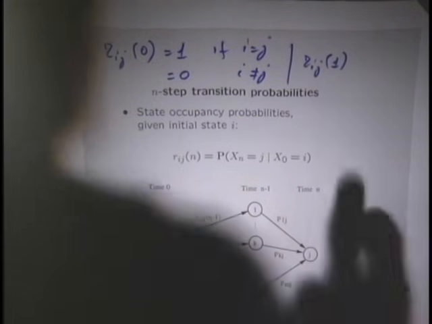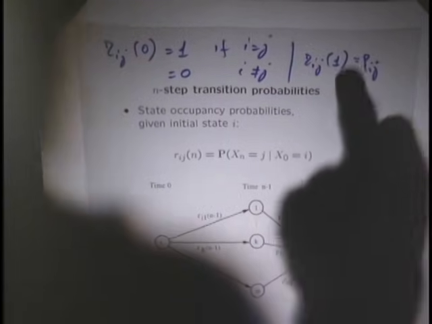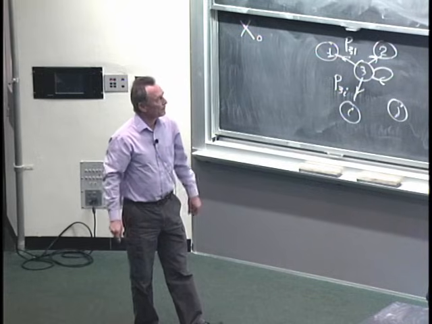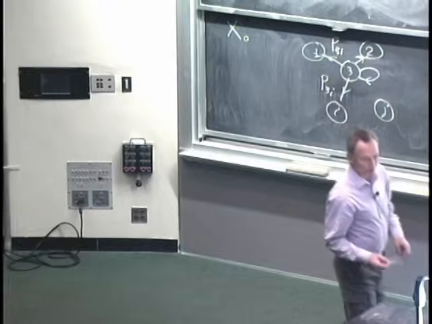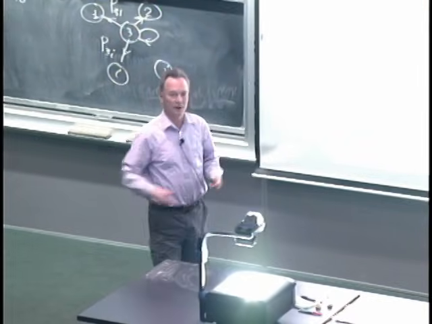So by definition, the one-step transition probabilities are of this form. This equality is correct just because of the way that we defined those two quantities. Now we want to say something about the n-step transition probabilities when n is a bigger number.